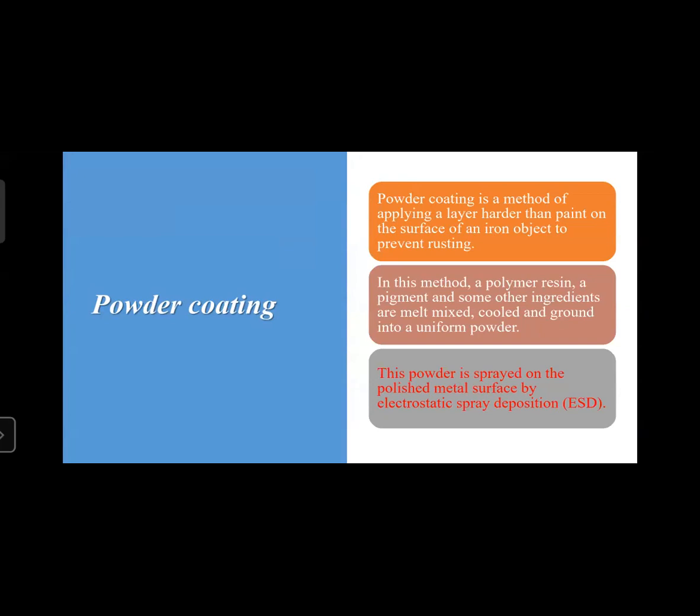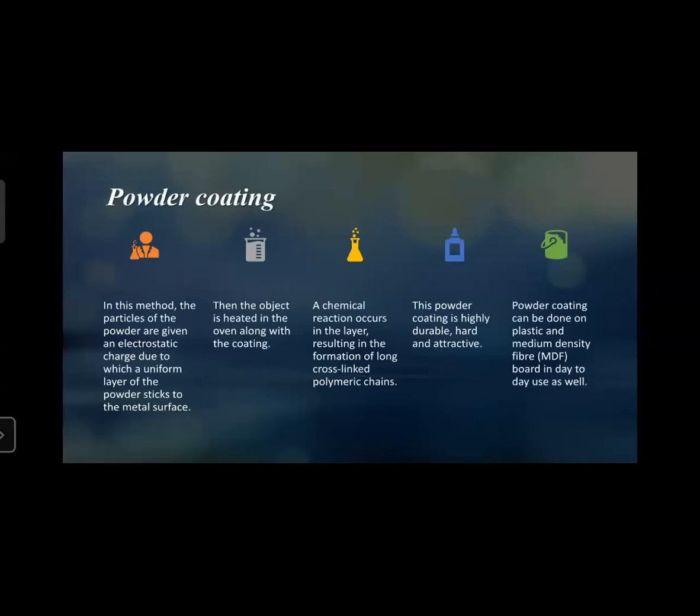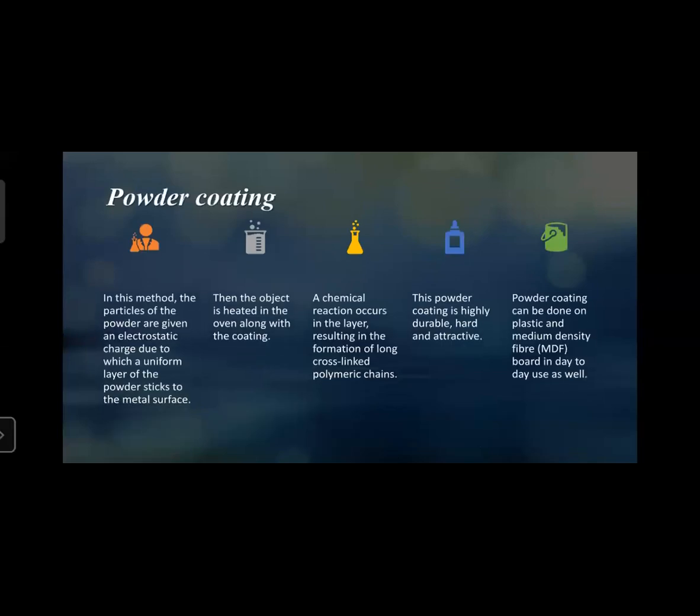And this powder is sprayed on the polished metal surface by an electrostatic spray deposition machine, that is ESD. In this method, the particles of powder are given an electrostatic charge due to which a uniform layer of powder sticks to the metal surface.